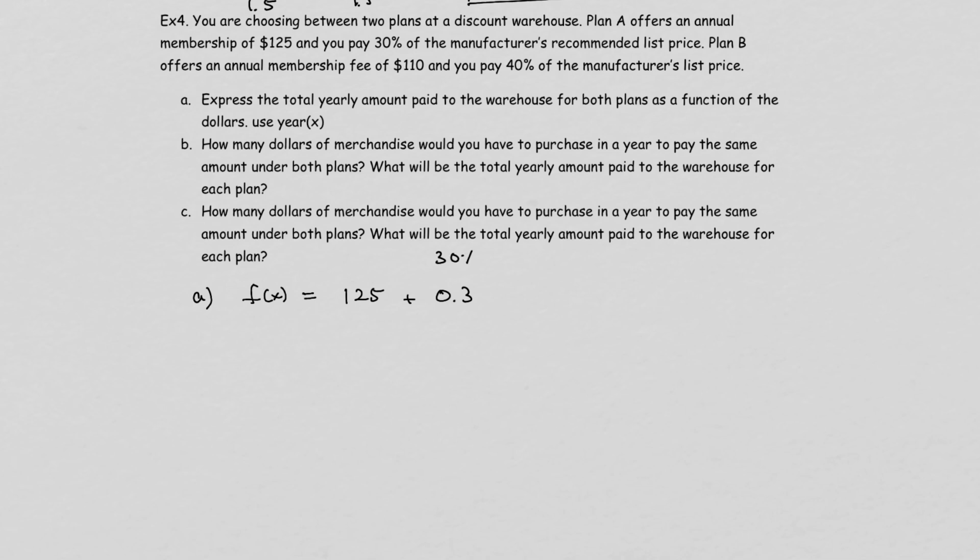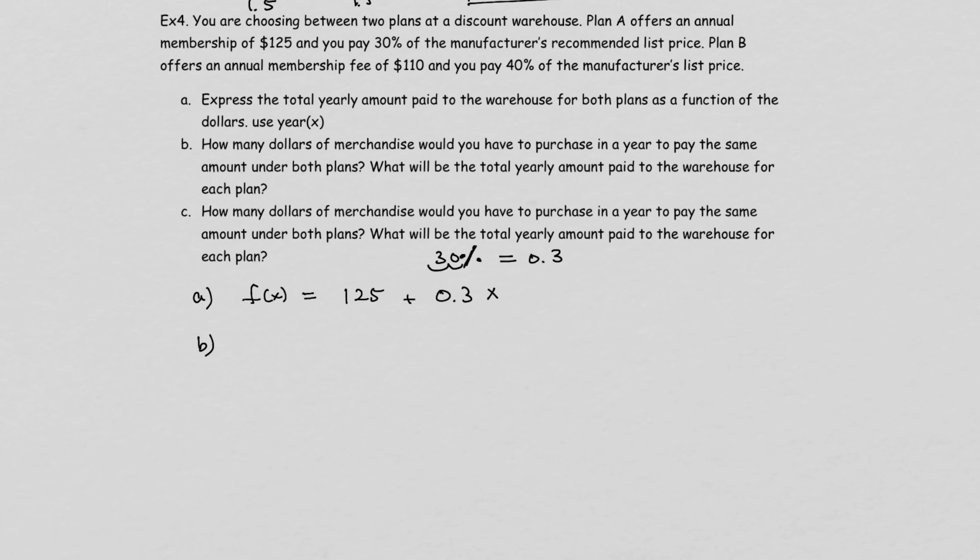You move the decimal place two spaces to the left. Why are you doing it? Because you're dividing by 100, right? So that becomes your decimal 0.3. Once you change the percent to a decimal, you multiply it by the amount. And that's going to be the equation for plan A.